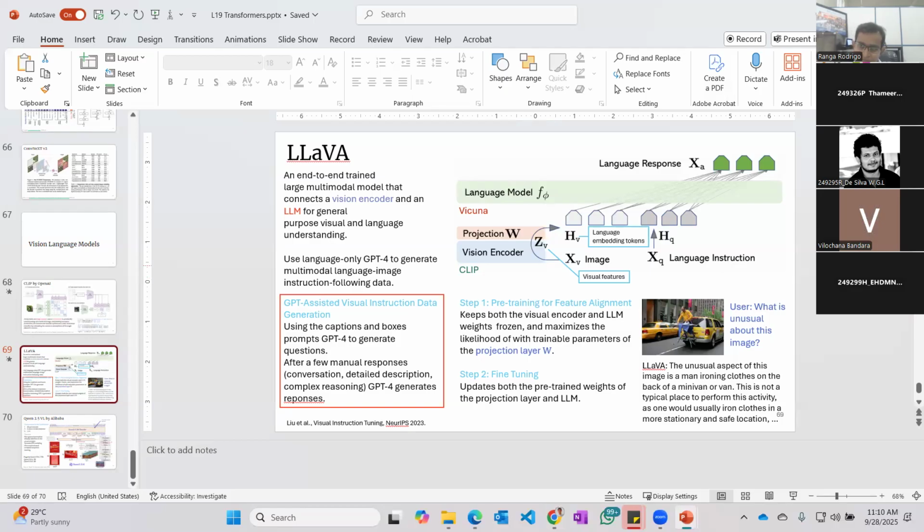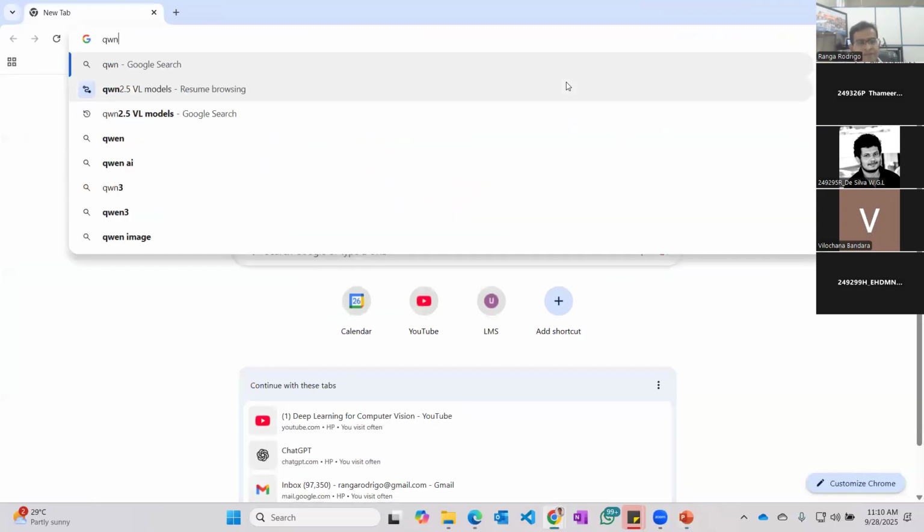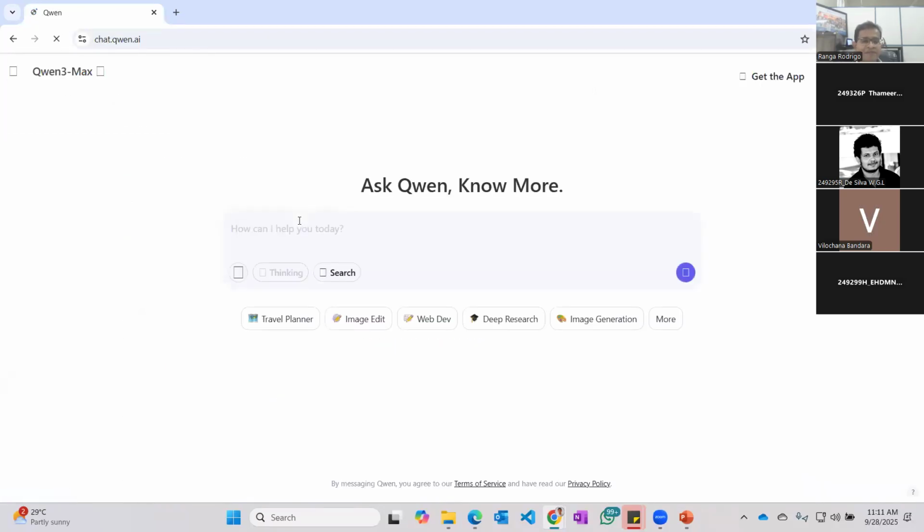Now, one more thing is that you have these large models, for example, Qwen 2.5. So you go to Qwen, and you can give an image like the previous image.